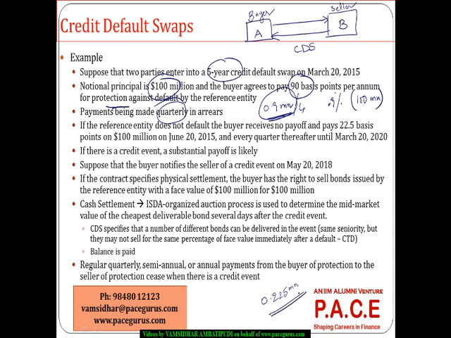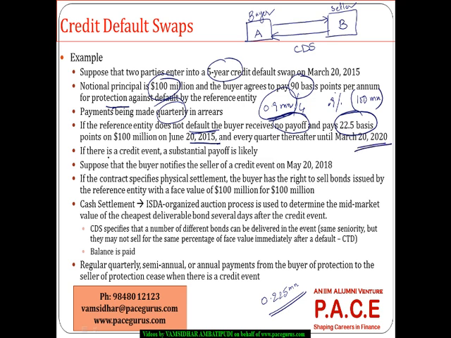So every quarter A will be paying 0.225 million to B until either the 5-year period is over, which is March 20th, 2020, or the credit event happens in between, and from then onwards he need not make the payment. If the reference entity does not default during these 5 years, the buyer receives no payoff, no benefit, but he pays 0.225 million every quarter from that particular day onwards.